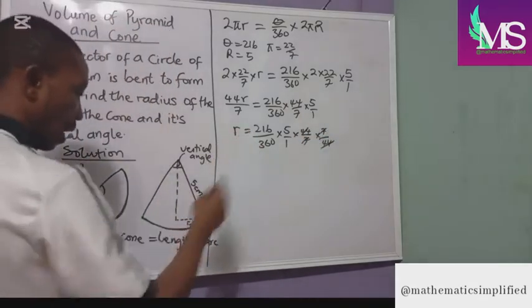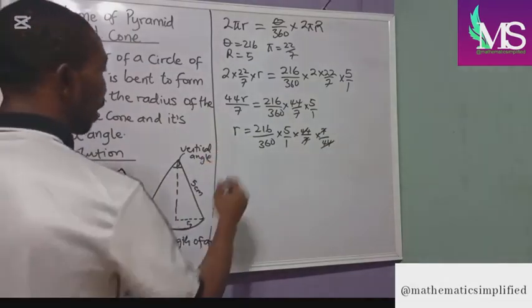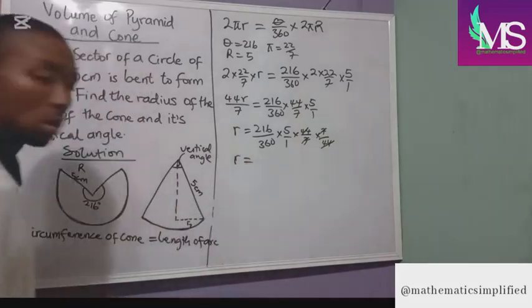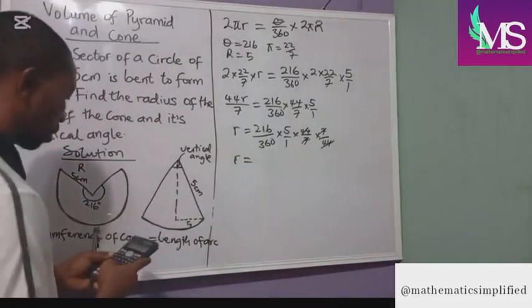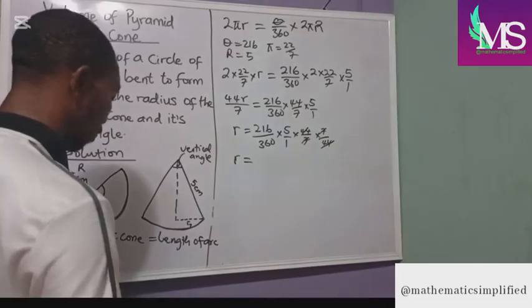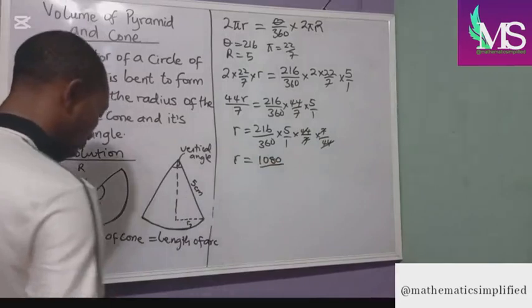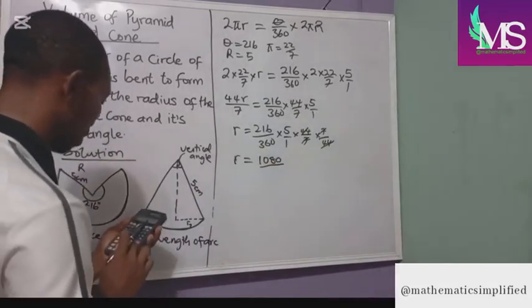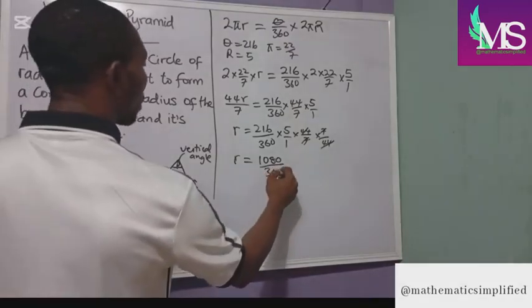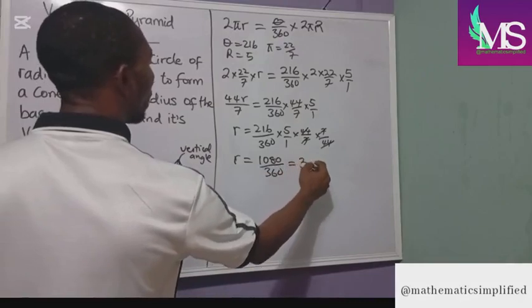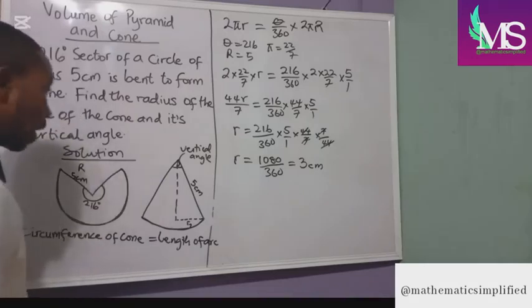That's why we have r equals 216 times 5 over 360. 216 times 5 gives us 1080, divided by 360. So our r will give us 3 cm. So our radius will be 3 cm.